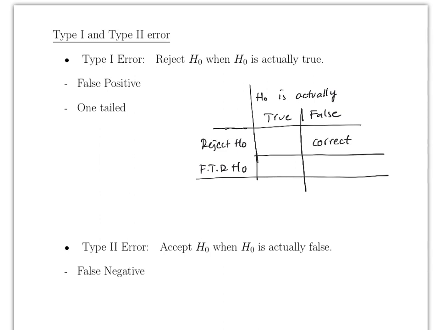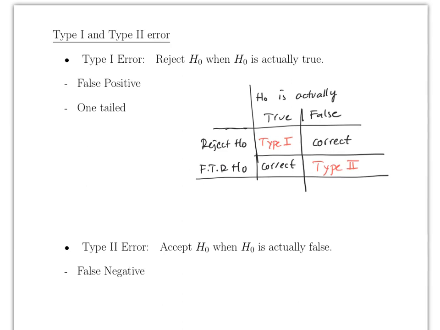This will be the correct case. This will be correct too, when you reject the claim and you were correct, or when you fail to reject and you were correct also. But then here you have a type 1 error, and it will be a type 2 error.